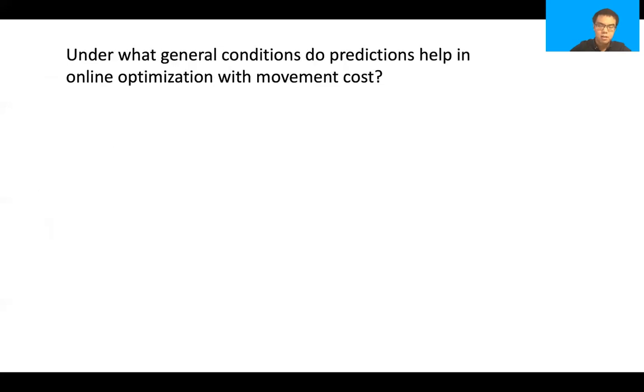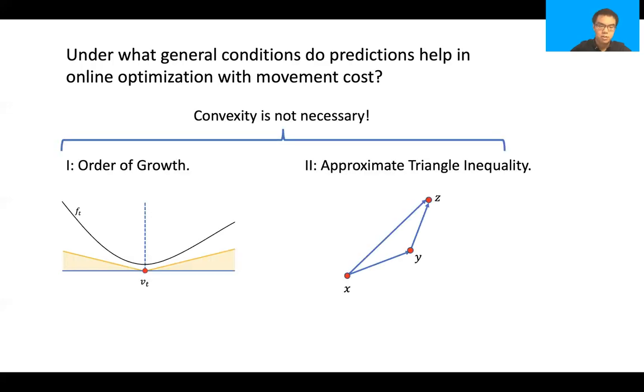In conclusion, many previous works study how to leverage the predictions for specific instances of online optimization with movement costs. Our work instead focuses on answering under what general conditions predictions help in online optimization with movement costs. We give two general conditions.